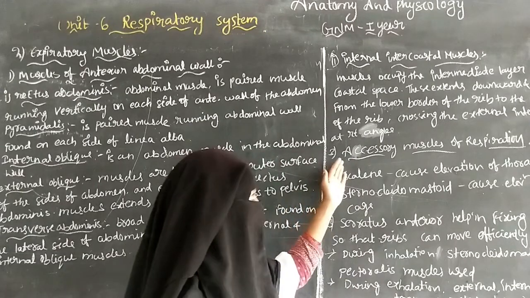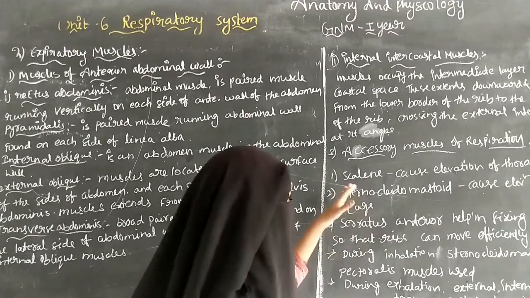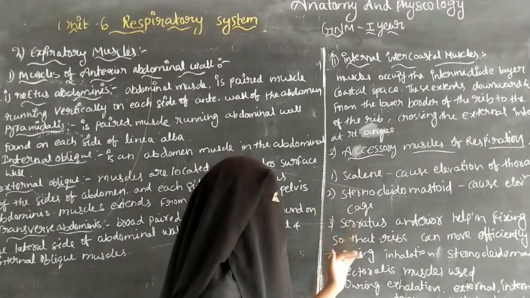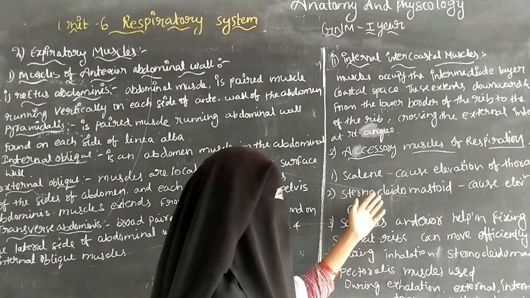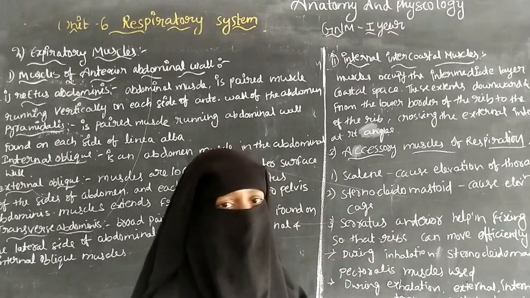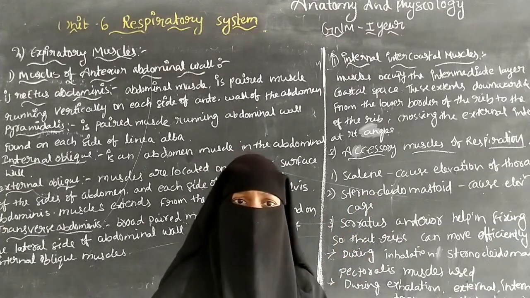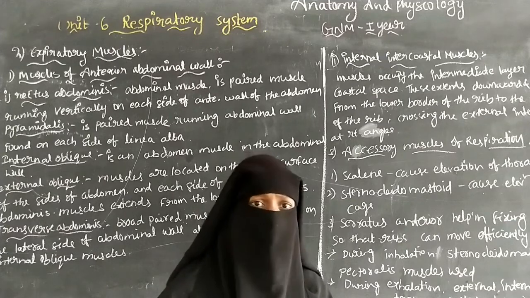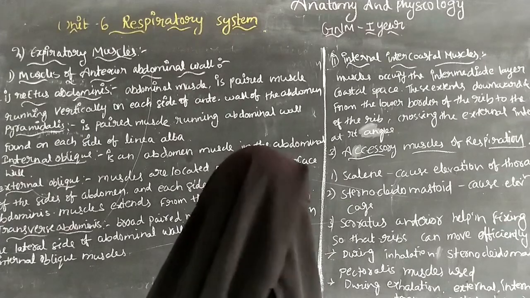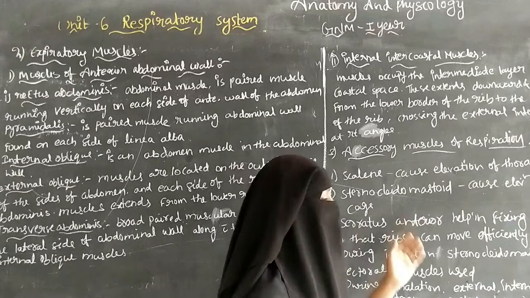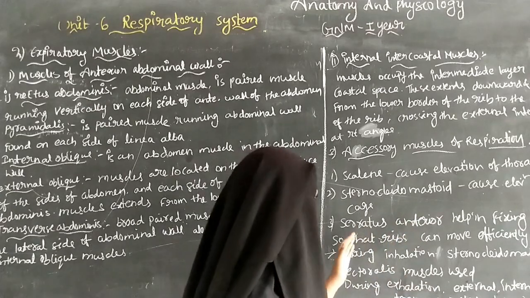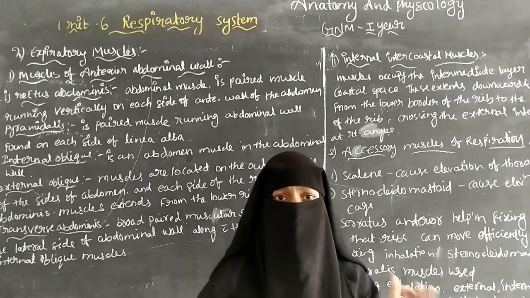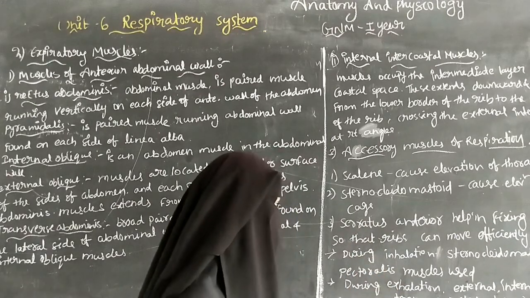So that is about the accessory muscles of respiration. The scalene and sternocleidomastoid muscles help in the elevation of the thoracic cage during inspiration and expiration. The serratus anterior muscle helps in fixing the thoracic cage so that the ribs can move efficiently.